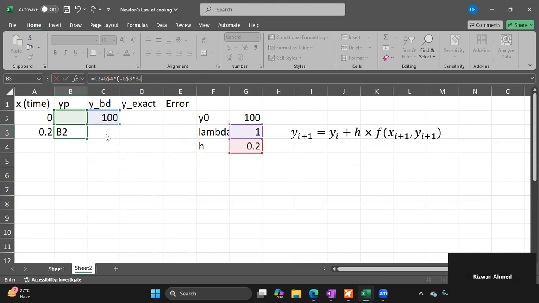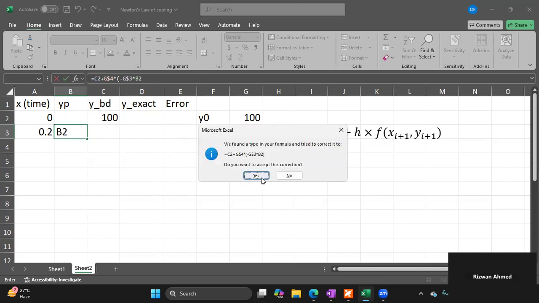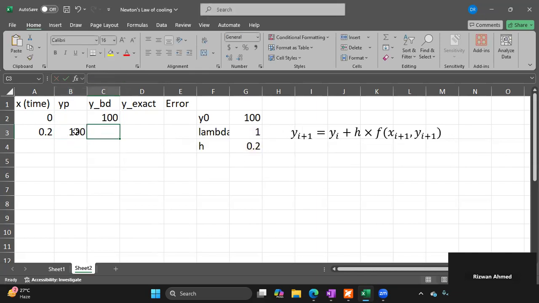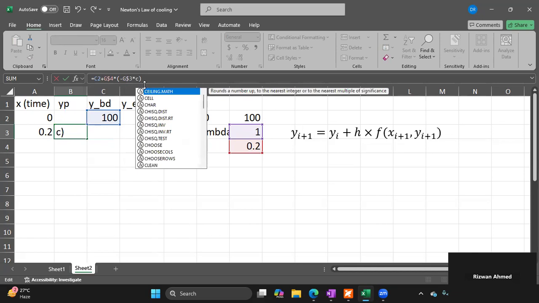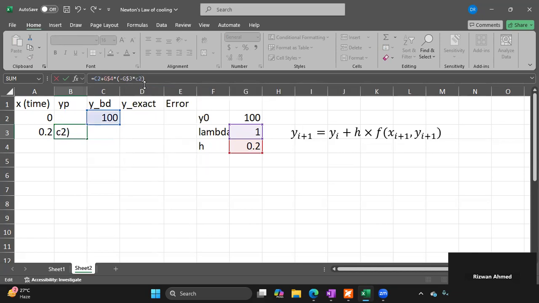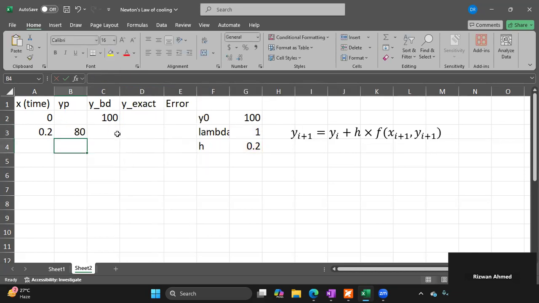The previous value is not at B2, the previous value is at C2. Yes, now the expression is correct. So now we have a predicted value of y at the current step, and we can now use this in Euler's backward method.